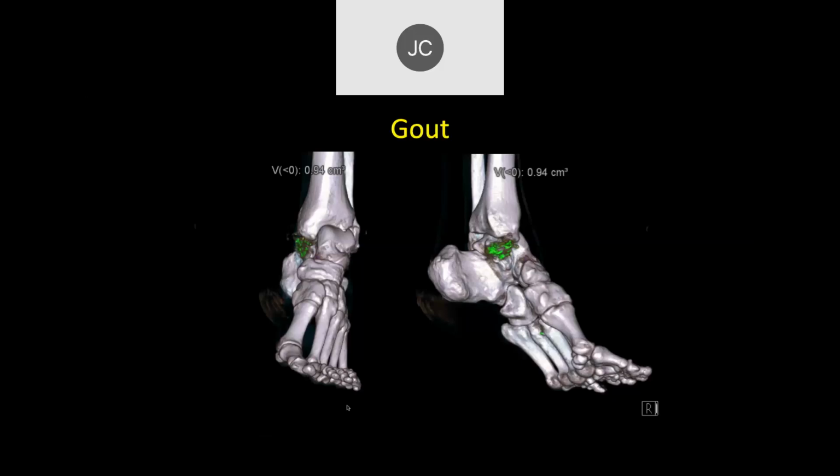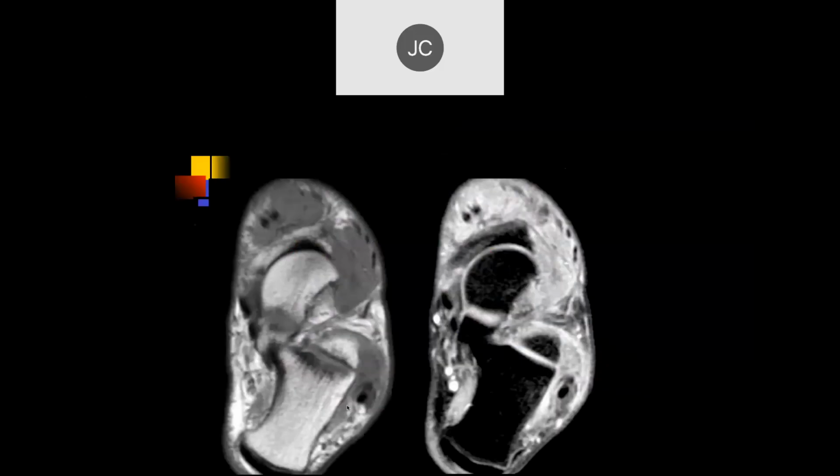Most studies have found that you do not need dual energy CT to make the diagnosis in the vast majority of cases, but it may be helpful occasionally if there's some clinical concern. So just remember that dual energy CT scan may be valuable in this setting.